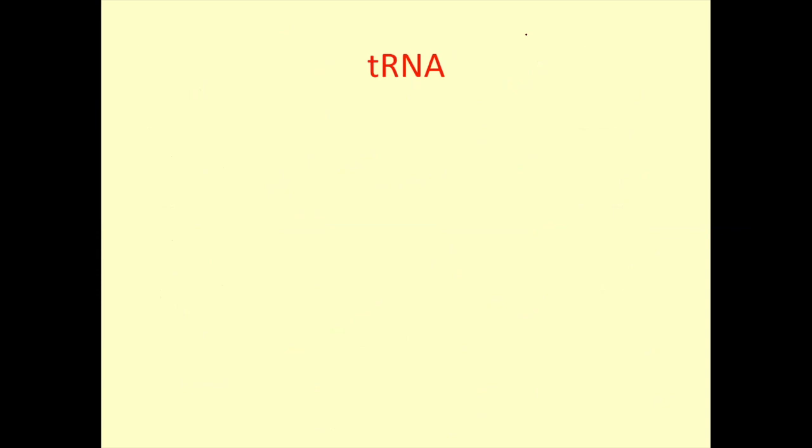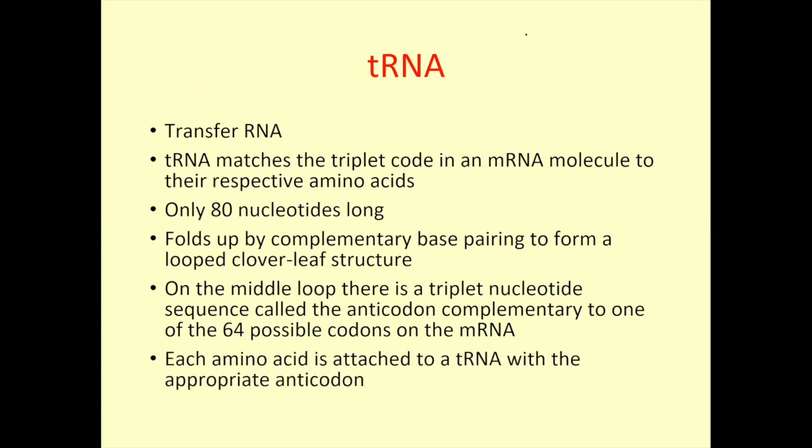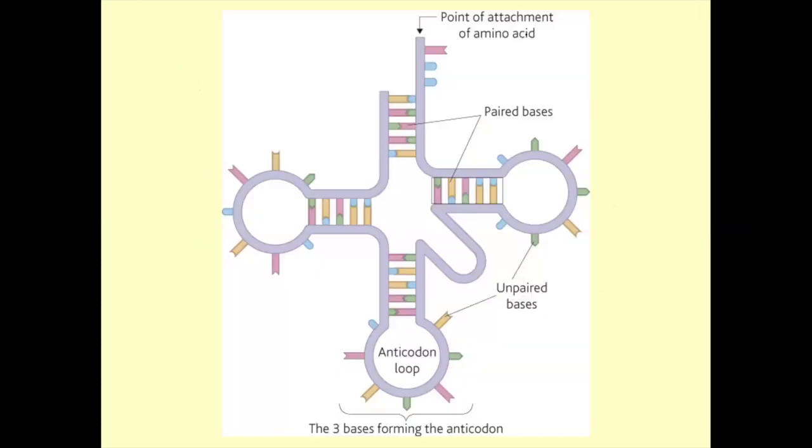So I did want to talk a little bit about tRNA. Let's look at this drawing of it. Now, it has to be said that this is a simplification of tRNA. First of all, we're saying tRNA has about 80 nitrogenous bases.